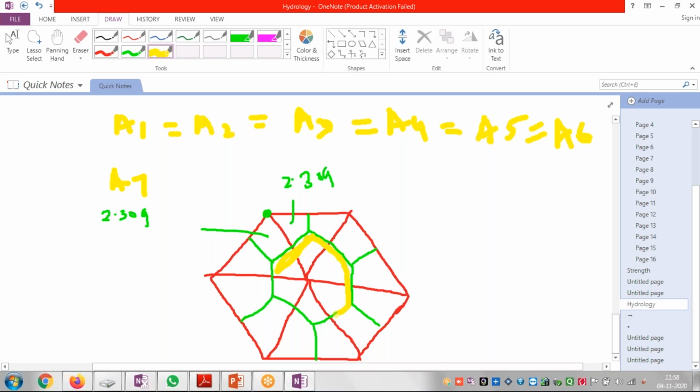Can anyone tell me what the A7 area would be? Just think about it. Mira, Zayed, Saif, Shama, what would be this area?